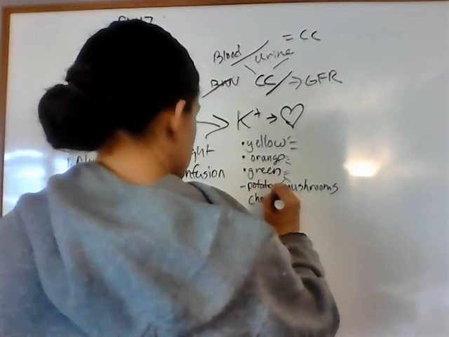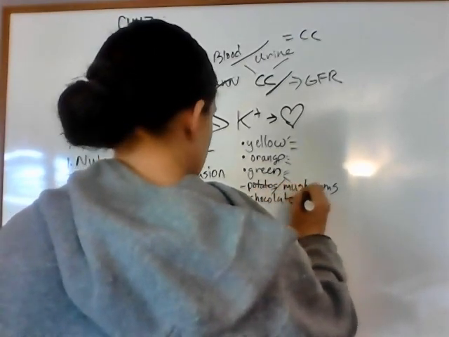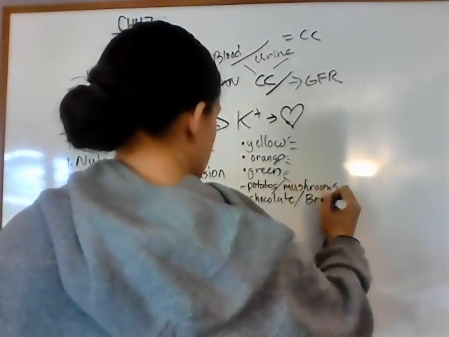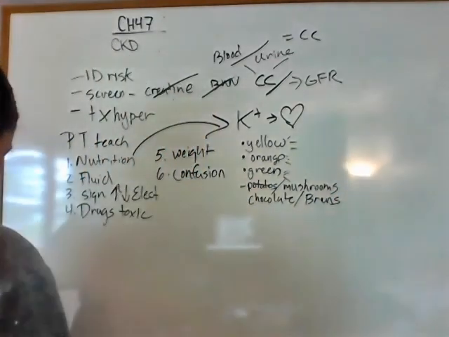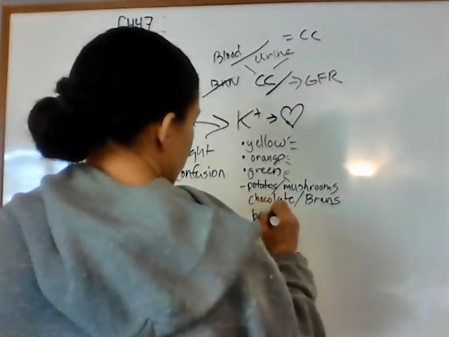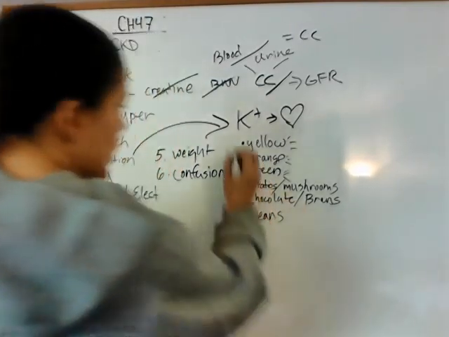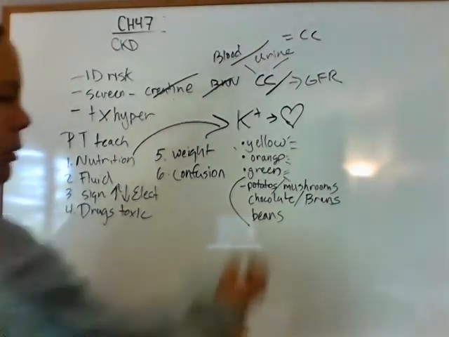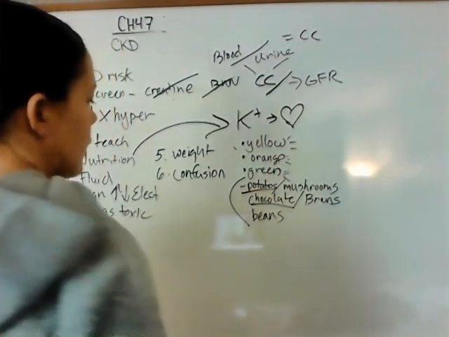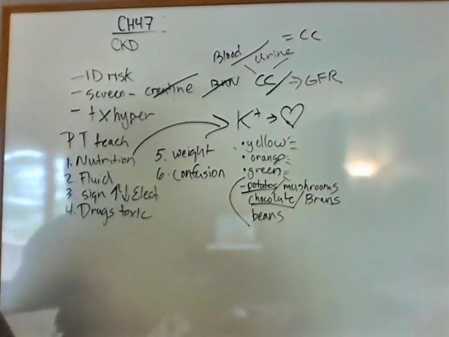Oh, chocolate. Your bran or your oats, granolas, and beans are the other ones. So these are the only ones that really don't fit into what I just said, yellow, orange, or green: potatoes, mushrooms, chocolate, brown foods. And obviously, again, don't tell somebody diabetic to eat chocolate and potatoes. And the other one was prunes.